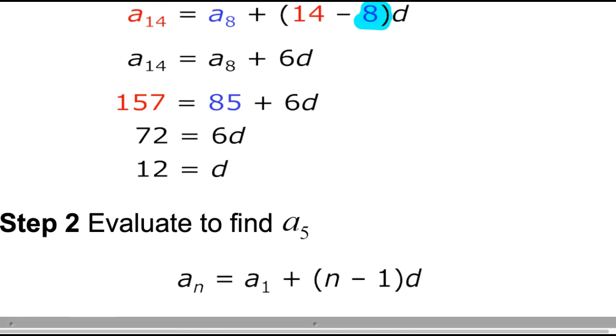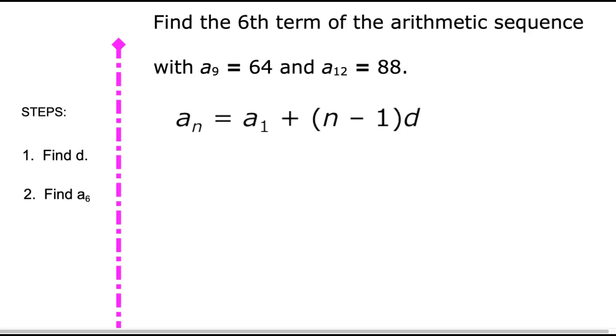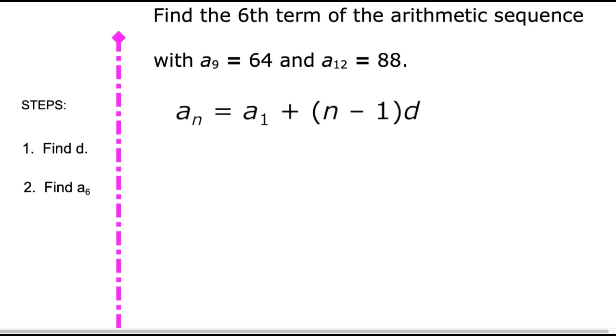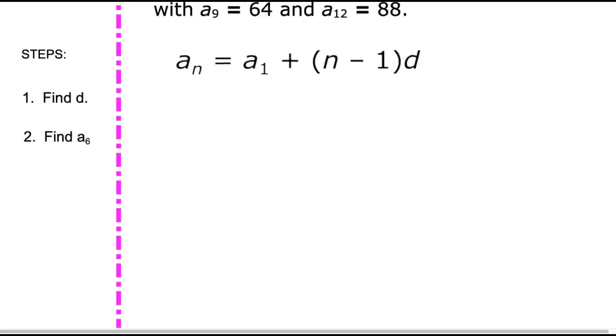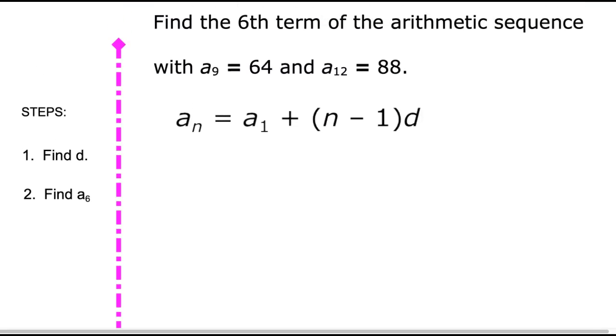What's that? They go on the next page. Here, we'll do one from scratch, and does this ask us to find a sub 1 too? No, it doesn't. All right, well, this says find the 6th term. So the other one said find the first term. Okay, we'll finish this and then I'll go back.